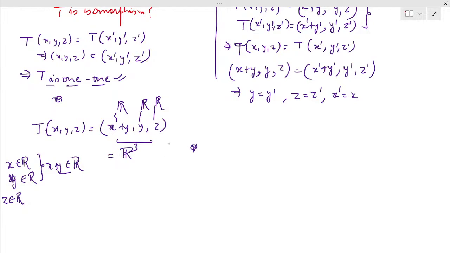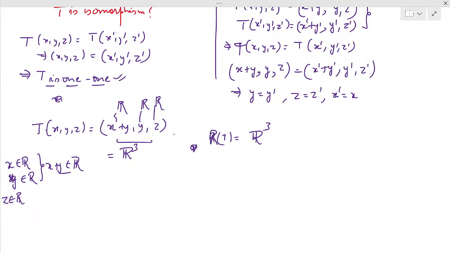So the range of T would be R cube only. It will take all the real values, so it will be R cube, isn't it?